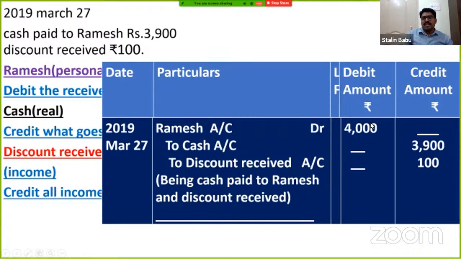The rule of the double entry bookkeeping system: debit amount is always equal to credit amount. Here we have to pay 4,000 to Ramesh, but we paid 3,900 cash and received a discount from Ramesh of 100. So the narration is: being cash paid to Ramesh and discount received. Make a line in the particulars column.